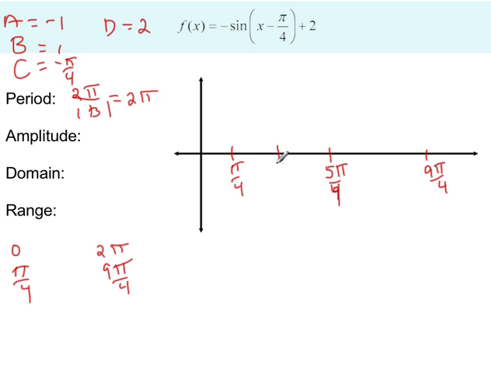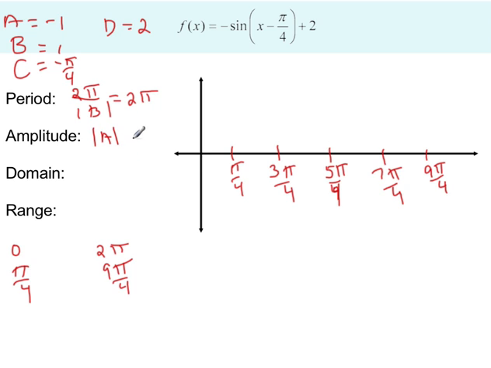Divide by 2, that's 3 pi over 4. You'll notice I can find the midpoint here, or I can notice that I am adding 2 pi over 4 every single interval, and what I would end up with here is 7 pi over 4. Or I could add these two and divide by 2. It really doesn't matter.